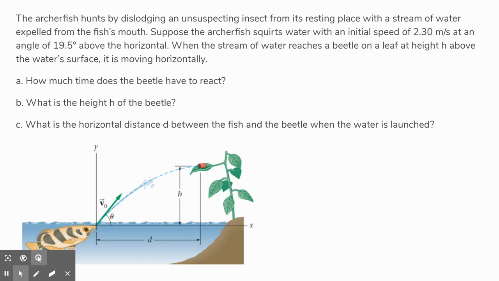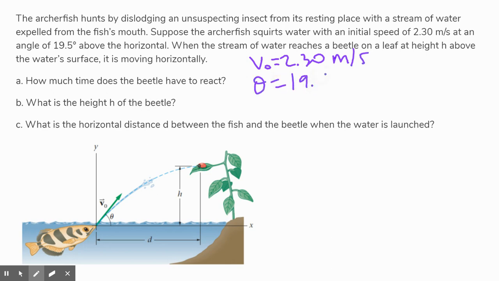So we want to know first, how much time does the beetle have to react? So we know we're going to have to solve for time. Well, we have the following information. We know that initial velocity is 2.30 meters per second, and we know theta is 19.5 degrees.